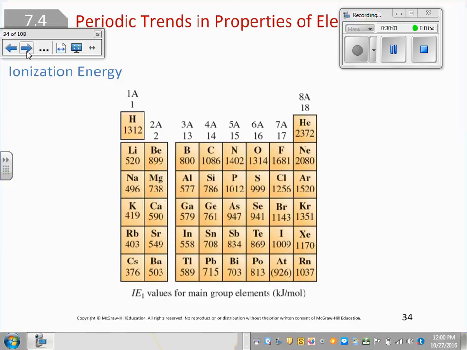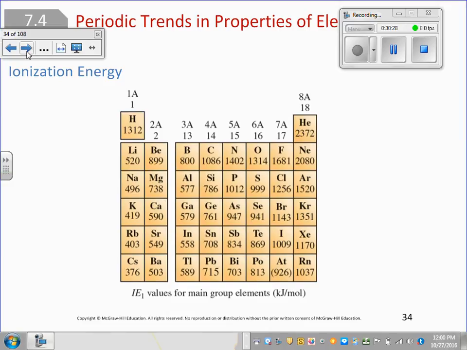Now after beryllium, we go to carbon, which is 2p2. So now we've added protons, and these are still the same distance away, so it goes back up. We go to nitrogen, it goes back up. What happens with oxygen? We get to oxygen, we have to start pairing, right?